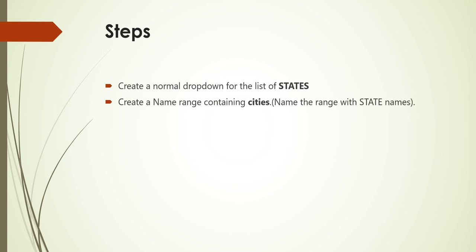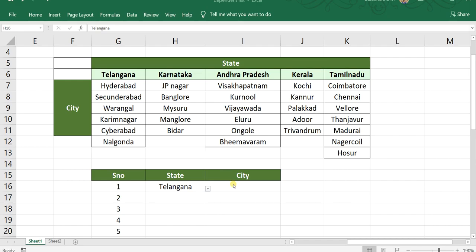And second step, create a name range containing cities. In Telangana we have almost 6 cities, and in Karnataka 5, Andhra Pradesh 6, Kerala 5, and Tamil Nadu 7. I have taken these for an example. To create a name range for Telangana state, select the cells and go to the name box and type the state name.